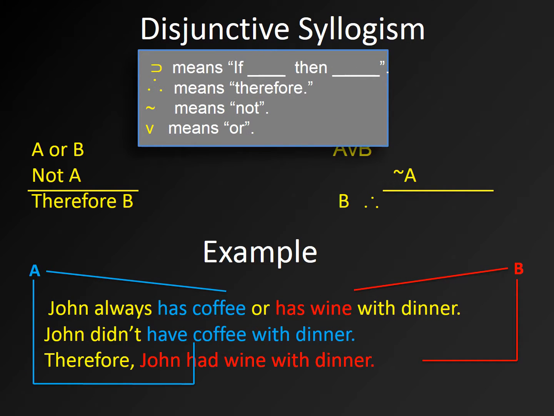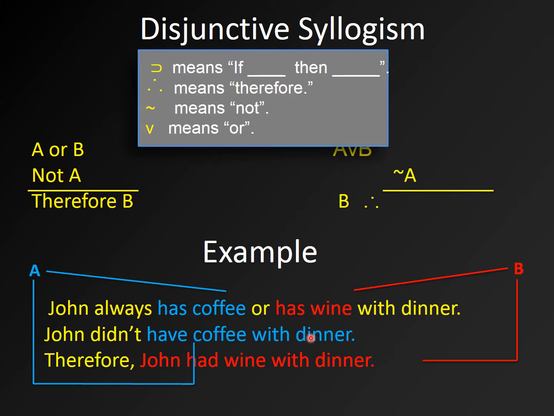A disjunctive syllogism. Here we have one new piece of symbology. The little wedge there means or. We're back to just A and B here. The form is A or B, not A, therefore B. John always has coffee or has wine with dinner.